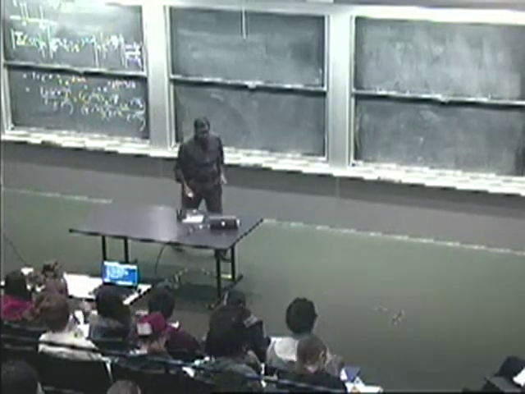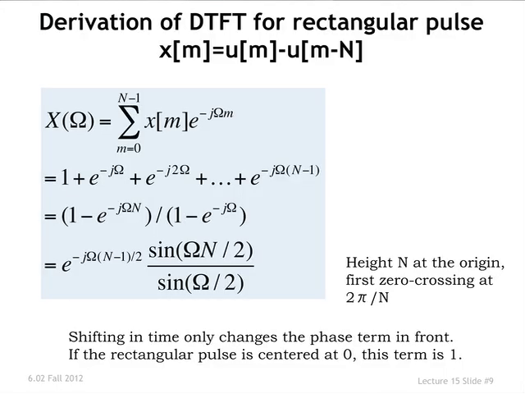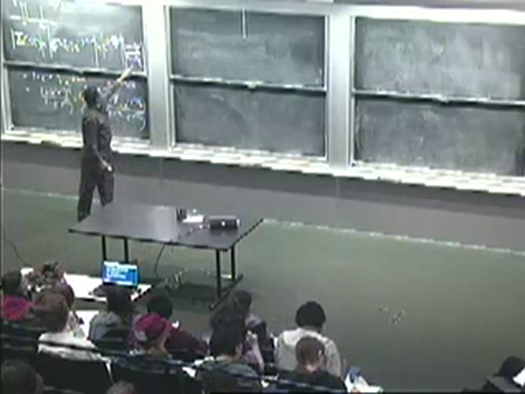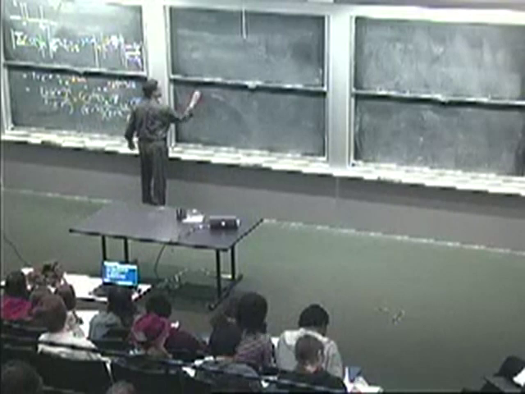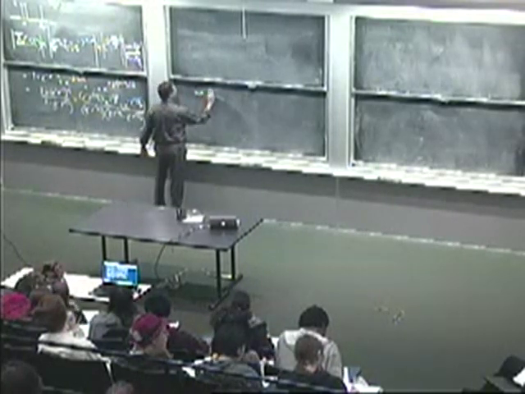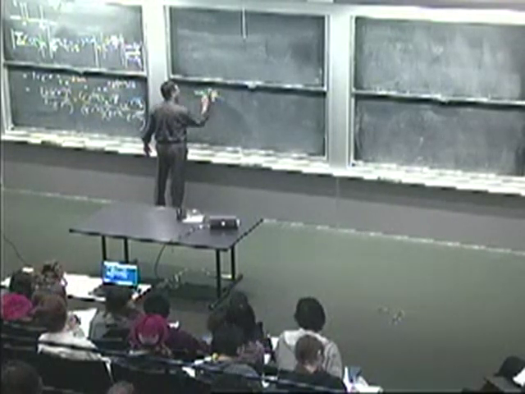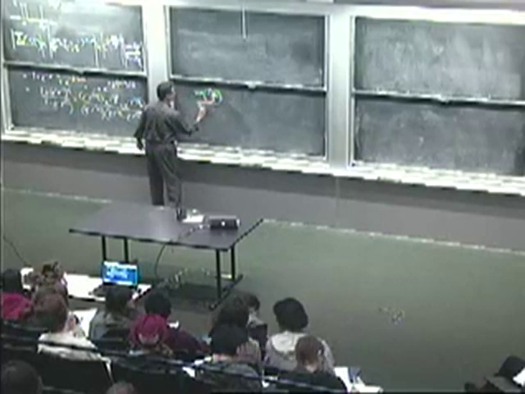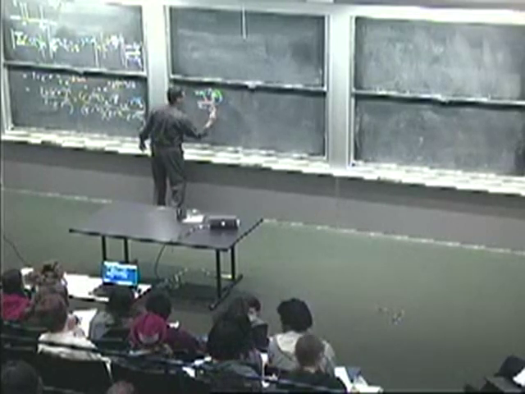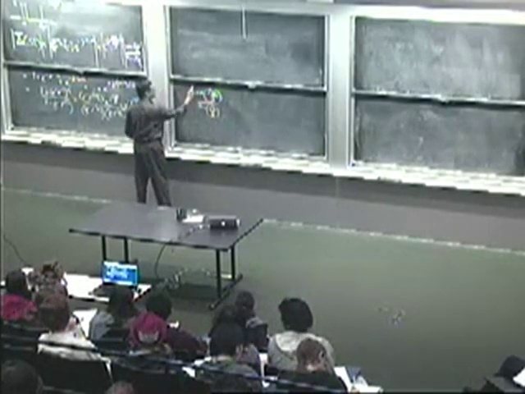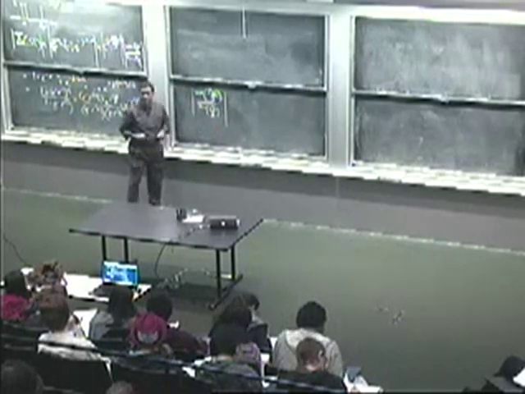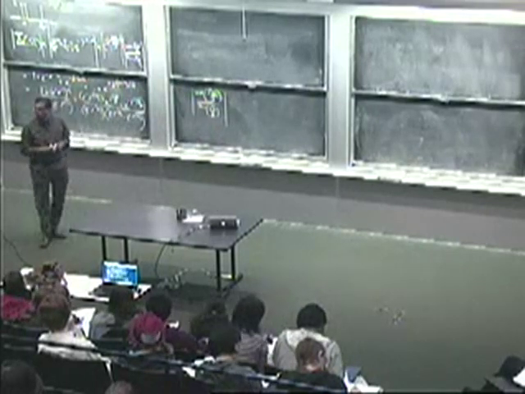Okay, so that's the derivation we have here. What's the height of this at the origin? Let's just focus on that term. Okay, so this is the magnitude we're talking about. What's the height at the origin, at omega equals 0?